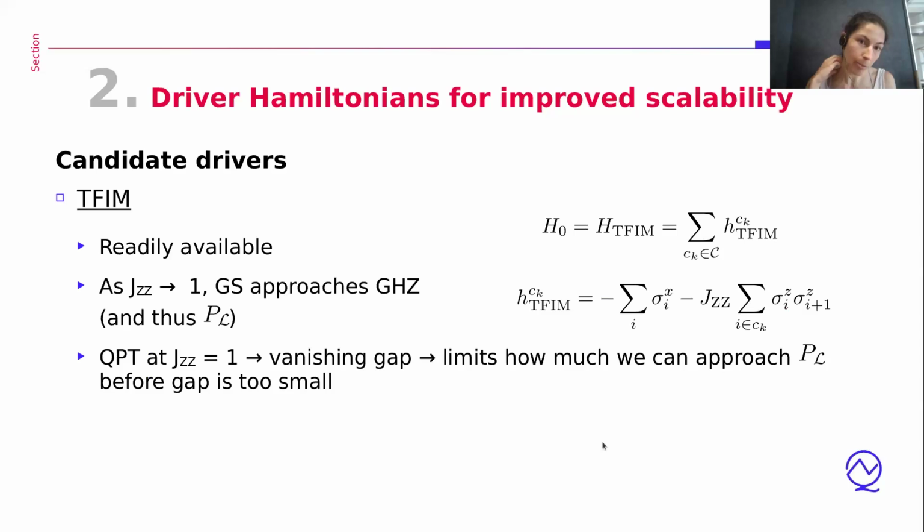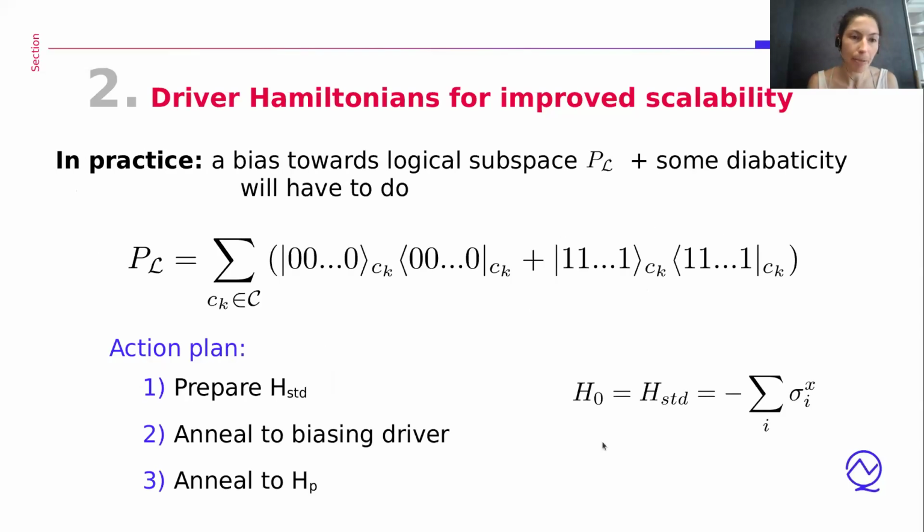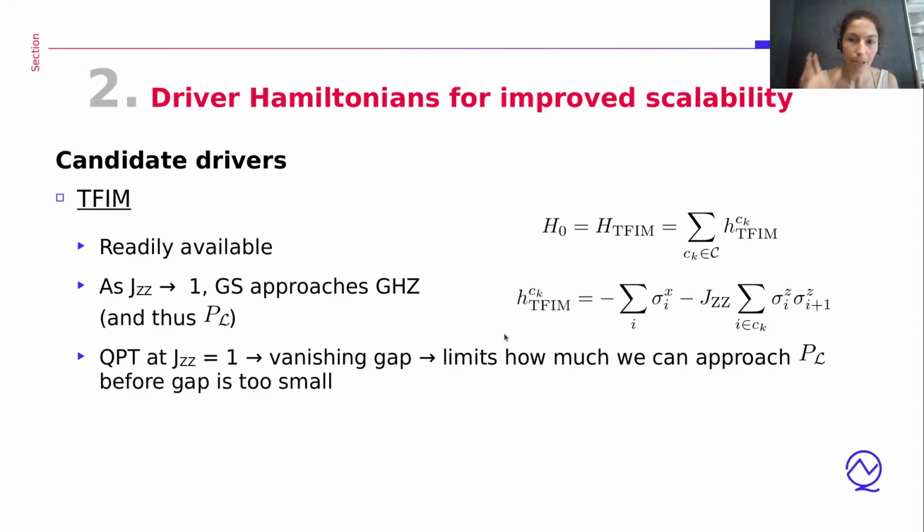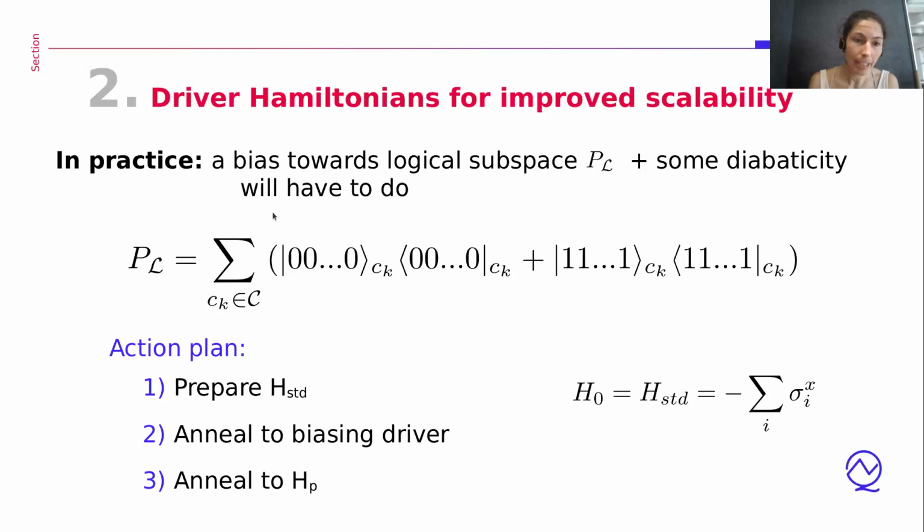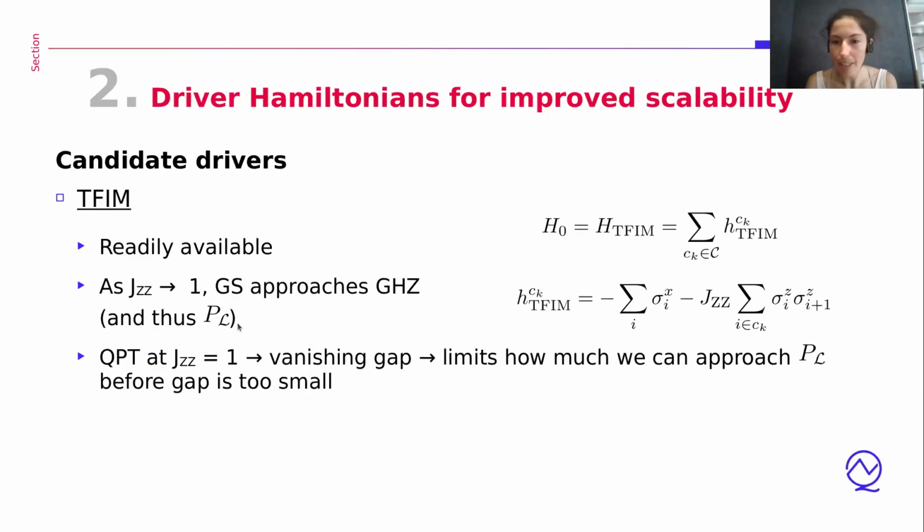All right, so what are the candidate biasing drivers? The first choice that comes to mind is the transverse field Ising model. It is readily available in your device if you could do all the previous stuff. So that's nice. And also, this is a very well-known model. Think about the fact that we are considering single chains, so this is actually analytically solvable for single chains.